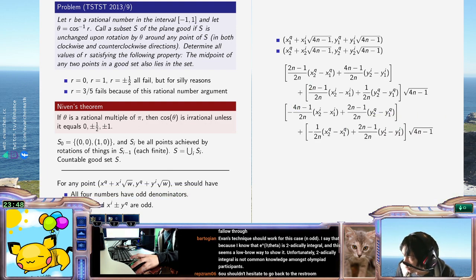The part I need to carry through is that this guy plus this guy is an even number. These two add to give 2n minus 2 over 2n, so it's n minus 1 over n. n is odd, so this vanishes. Here I get 6n minus 2 over 2n, so 3n minus 1 over n?